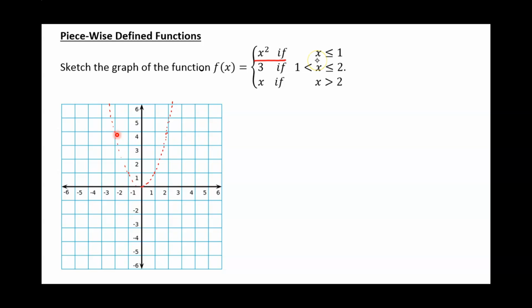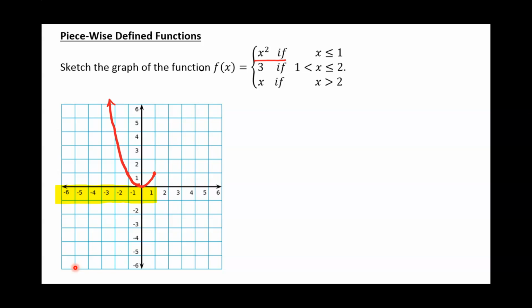It tells me that I only want to use that for where x is less than or equal to 1. So right here is where x is equal to 1, and then all the way over here is where it's less than. So I'm going to only keep that piece, and then I'm going to erase off the rest of the graph.